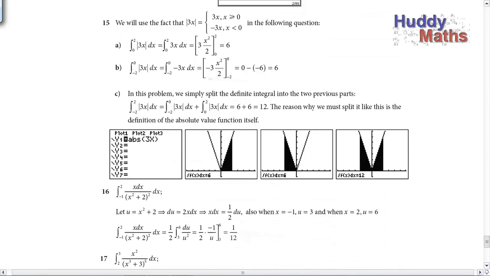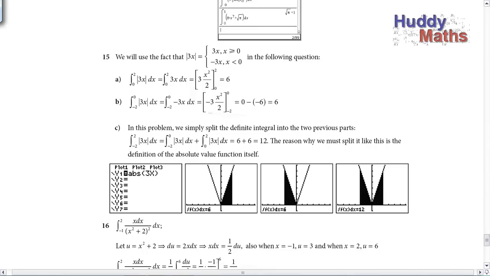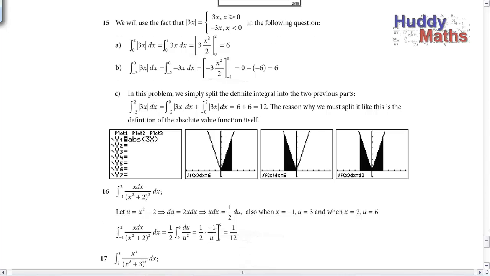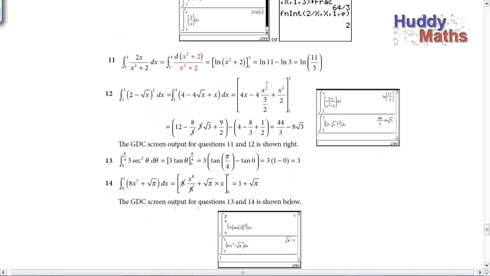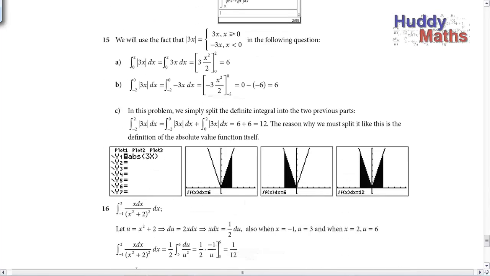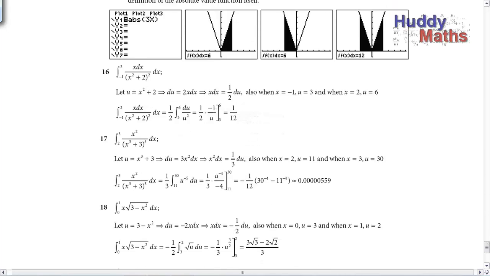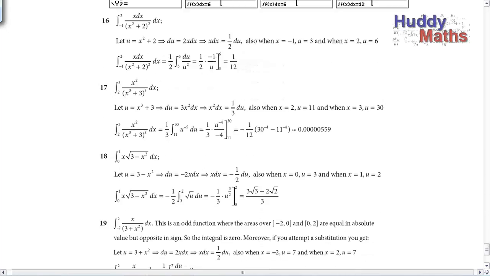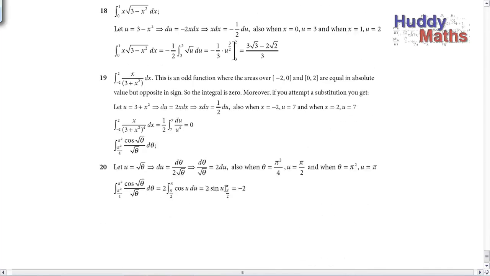And that's part C of 15, so I'll leave 15 up there. Oops, hang on, just come back here. 15 and 16. Slips there. And 16 through 18. And then 19 and 20.